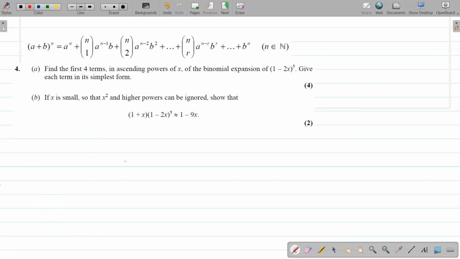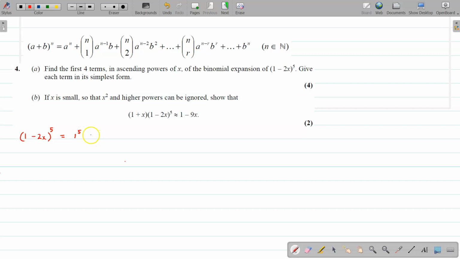So let's go on with that now. We've got to start by writing out the original expression, (1 - 2x)^5, is equal to, and with 1 it's quite easy because it's always going to be 1, so it's going to be 1^5.